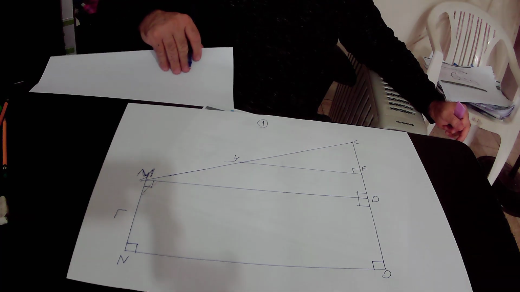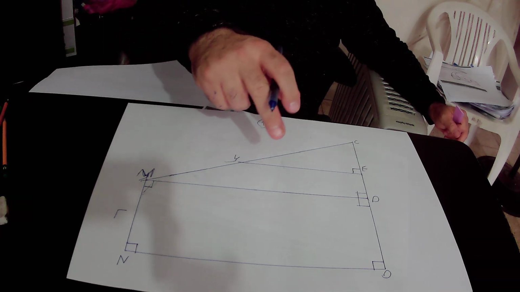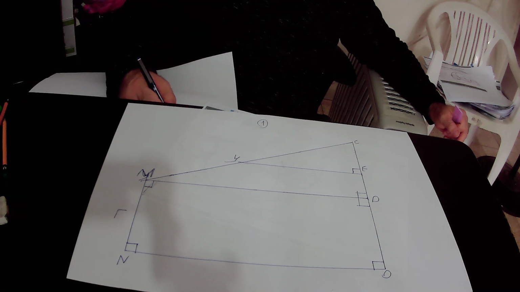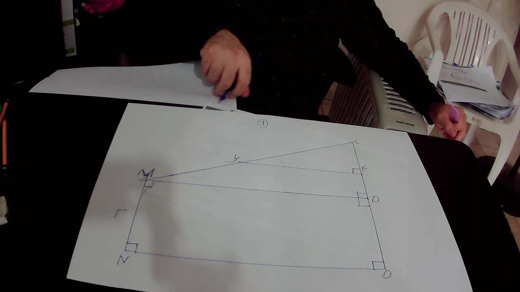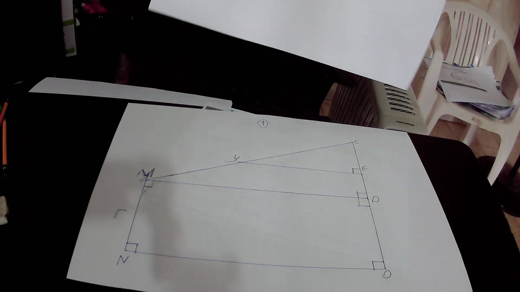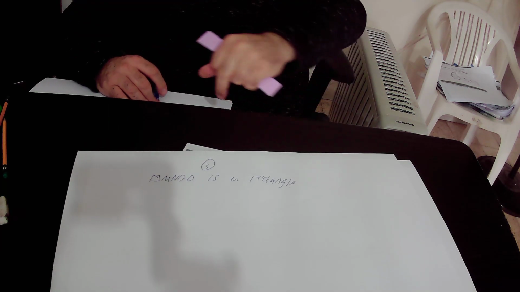So I write it down. According to the rule that I stated, quadrilateral MNDO is a rectangle.